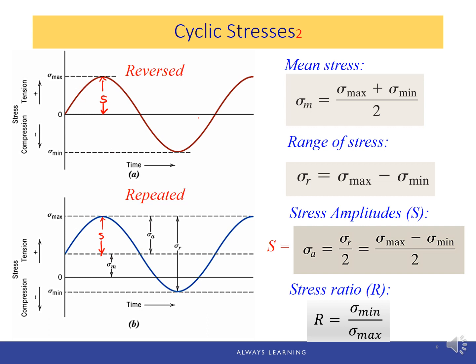Again, keep in mind the minimum or compressive stress is negative and the tensile stress is positive, which means for the reversed stress cycle, the stress ratio R will be -1, because it's the negative sigma min over positive sigma max, and they have the same magnitude but opposite directions.